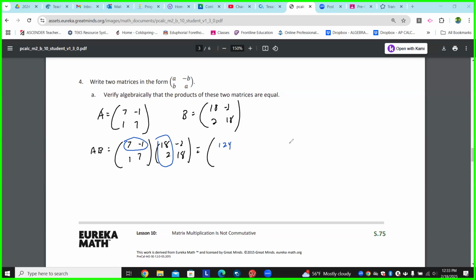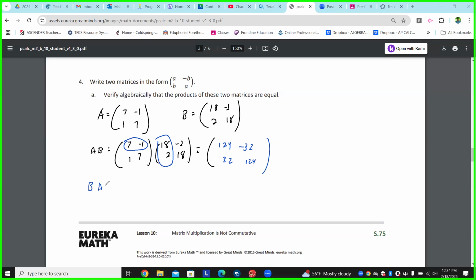Negative 32? You have the calculator. What's negative 14 minus 18? Okay, 18 plus 14. Negative 2, we just determined was 126. So negative 2 plus 126, 124. All right.